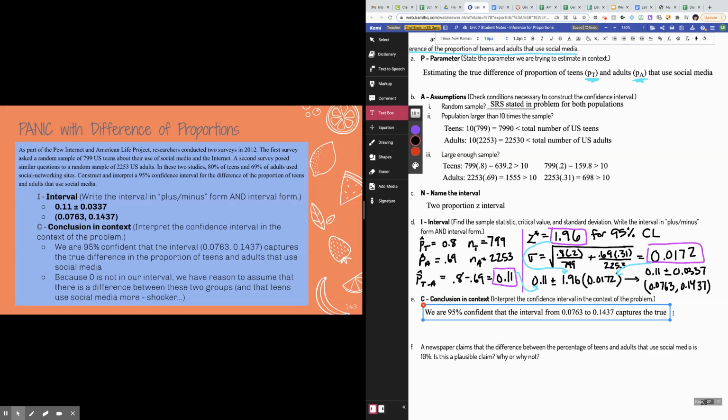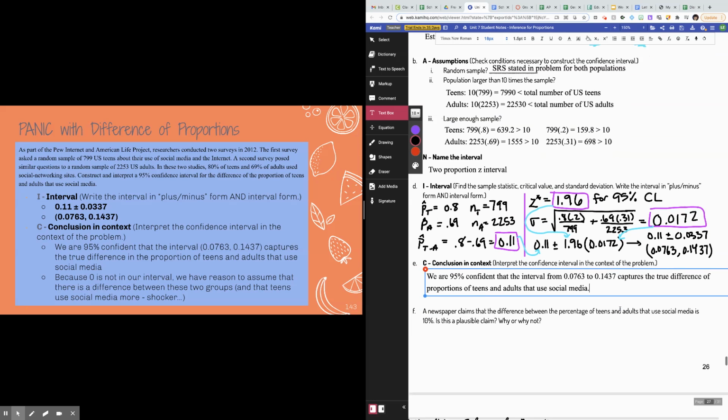Okay, so we are 95% confident that the interval from that lower bound to that upper bound captures the true difference of proportions of teens and adults that use social media.